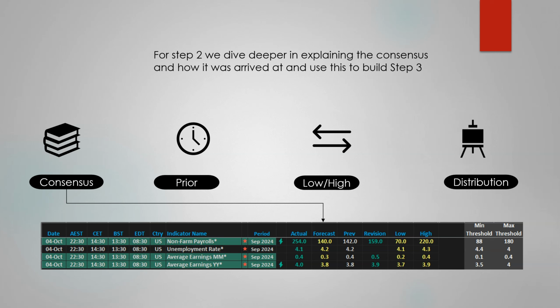And I'm going to show you how we arrive at the consensus and also all of them. The first thing you want to know about the consensus, and this is the most important one, is that if we see this printing above the consensus, that means it was higher than the average of what market participants were expecting it to come out as. I hope that makes sense. If you really don't understand this, go back to the video, go back to where I started from, and it will all start to blend together.